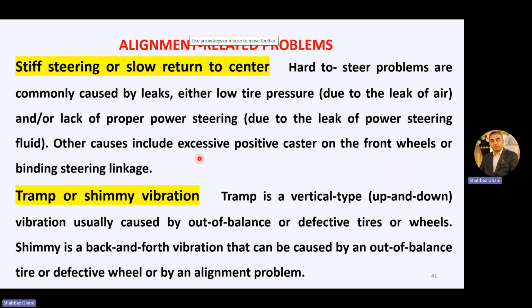Other causes include excessive positive caster on the front wheels or binding steering linkages.